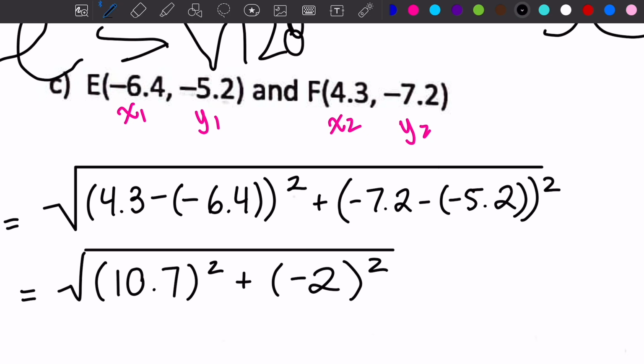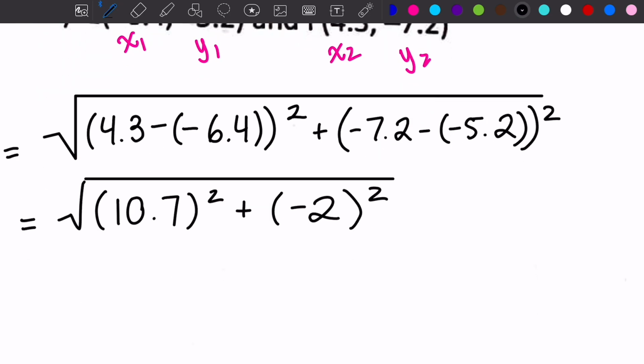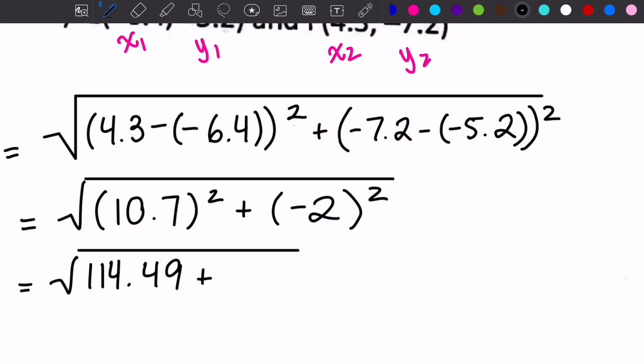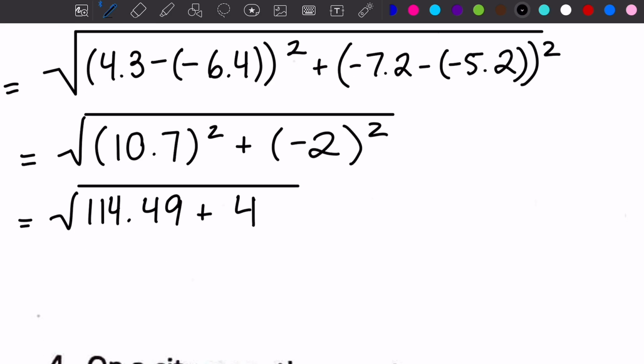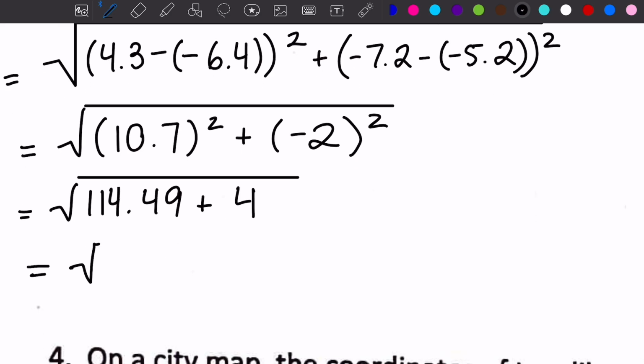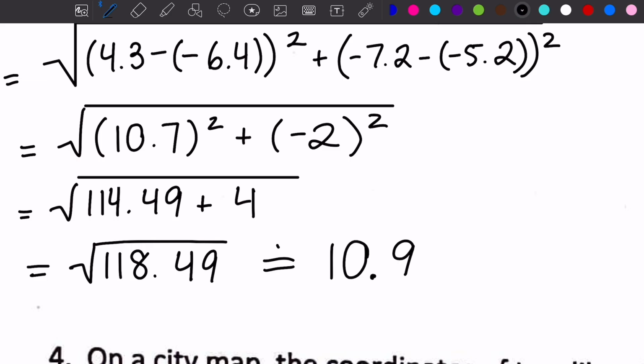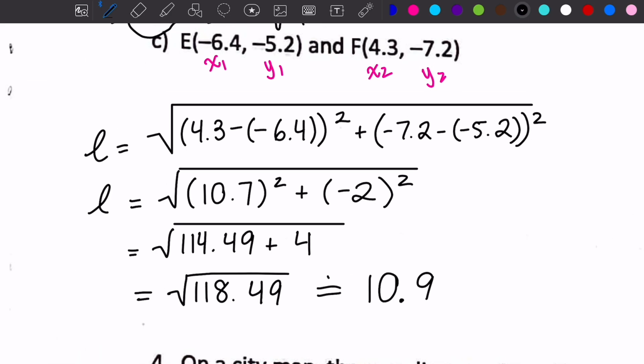So you can plug this whole statement into your calculator. 10.7 squared gives me 114.49, and then 2 squared is just 4. So altogether, this length is going to be the square root of 118.49, which, rounding to one decimal place, you should get 10.9. So that is the length.